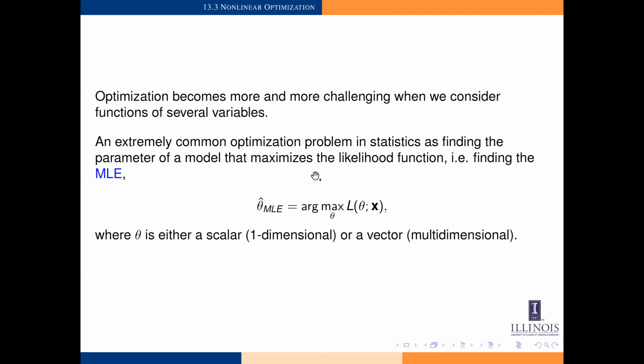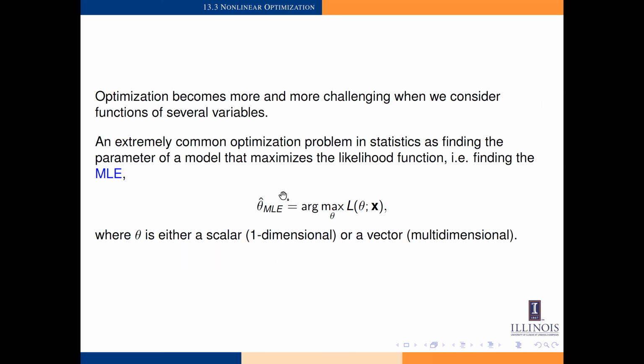The optimization problem becomes more and more challenging when we consider functions of several variables. However, this is an extremely common problem in statistics. A very common optimization problem in statistics is finding the parameter of a model that maximizes the likelihood function, in other words, finding the MLE.